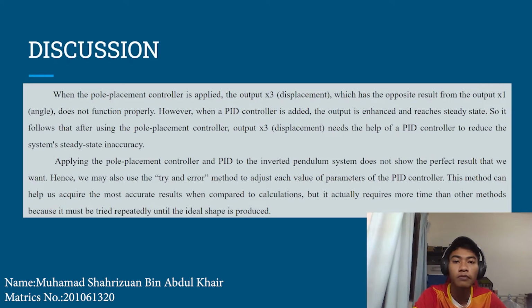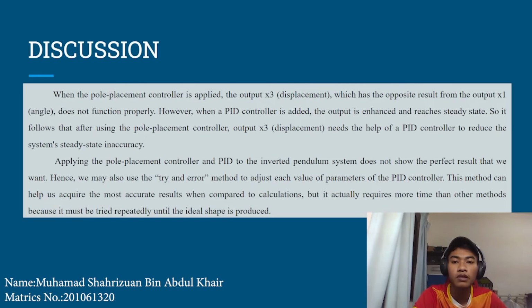However, when a PID controller is added, the output is enhanced and reaches the steady state. So, it follows that after using the pole placement controller, output displacement needs the help of a PID controller to reduce the system steady state inaccuracy.